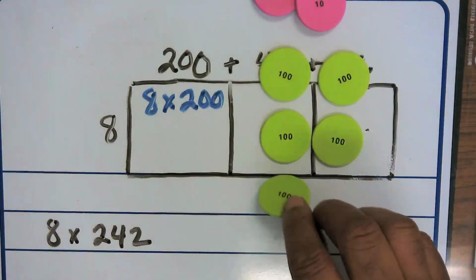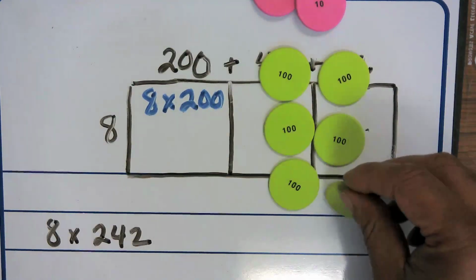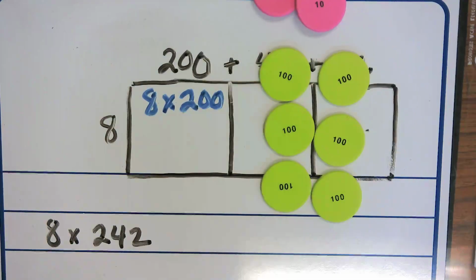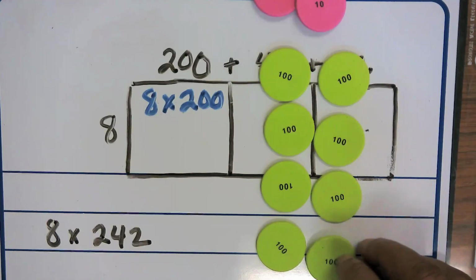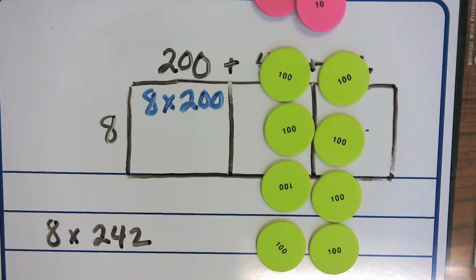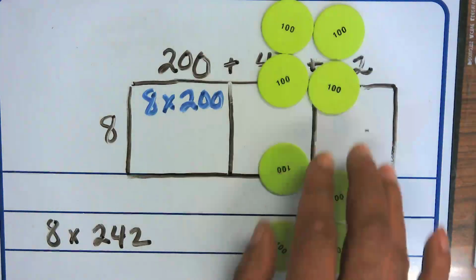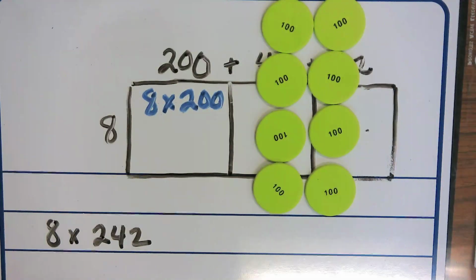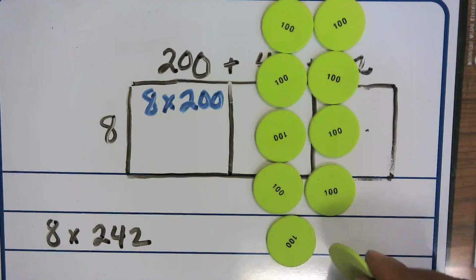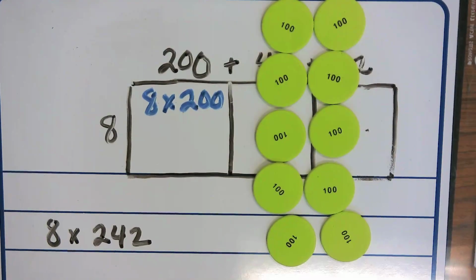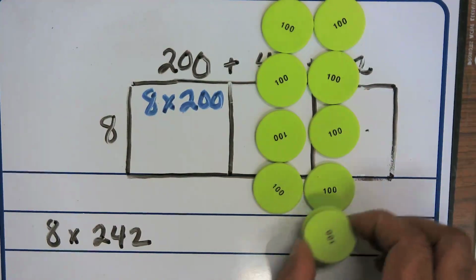Well, let's go. 3 times 200 gives me what? 600. 4 times 200, 800. You're getting the gist. 5 times 200, 1,000.